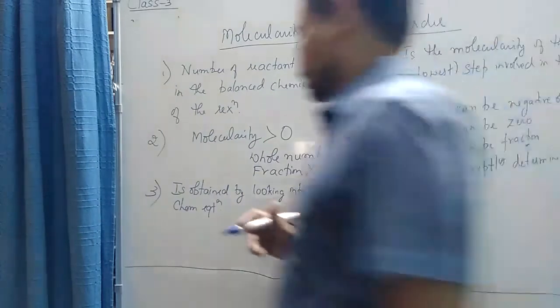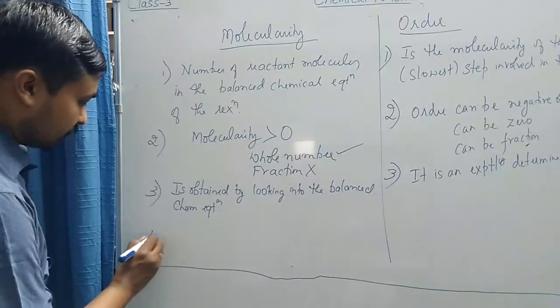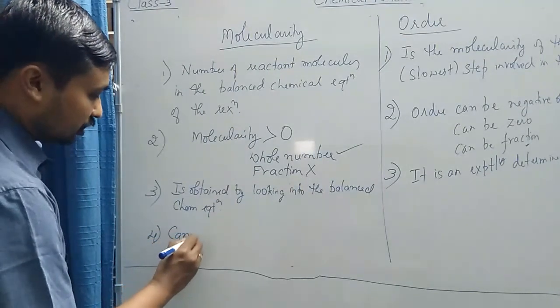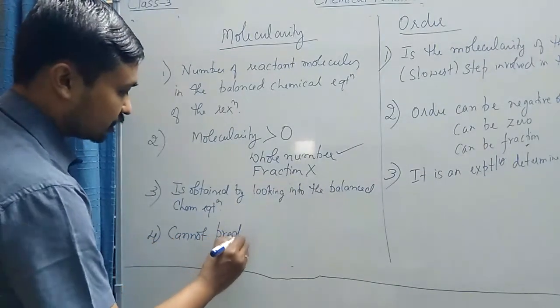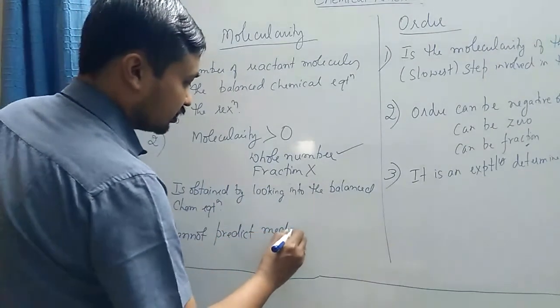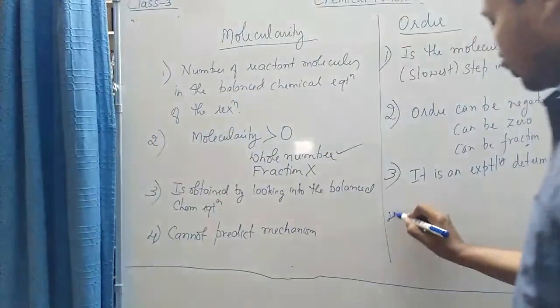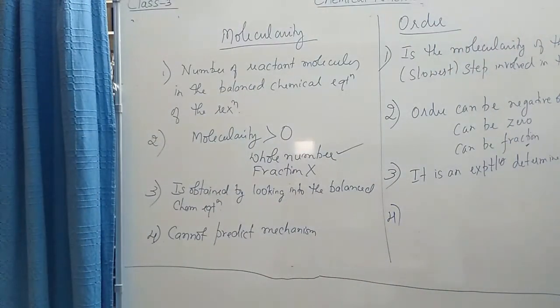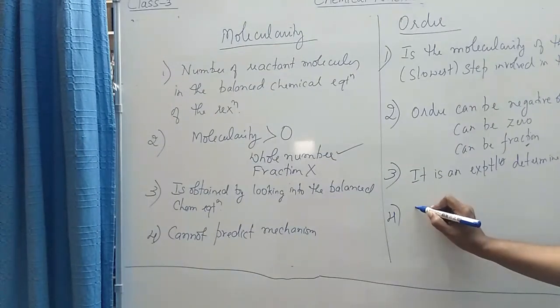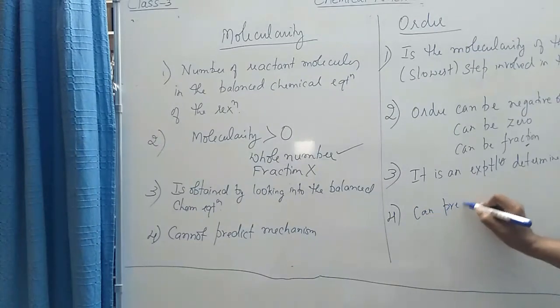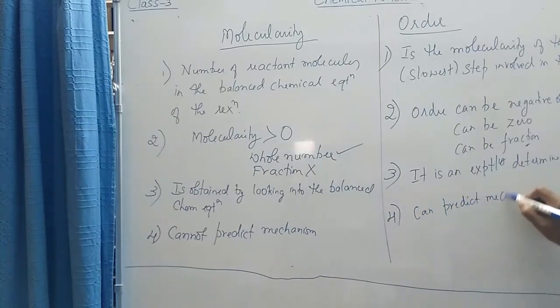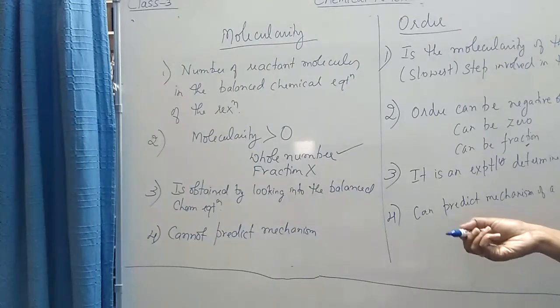kinetics. The fourth difference, which is also a very important difference, is using molecularity we cannot predict mechanism, whereas determination of order is very important, because we can predict mechanism of a reaction, but not just by using this one method.